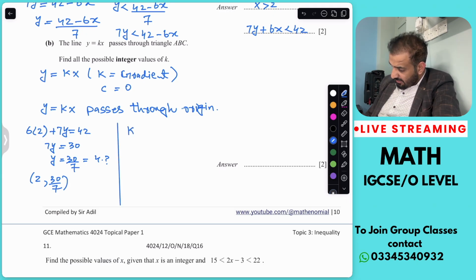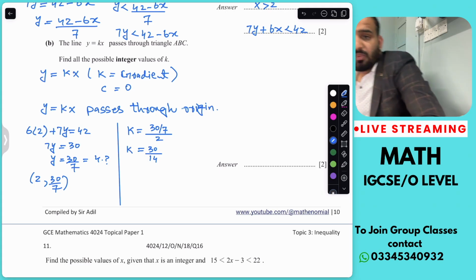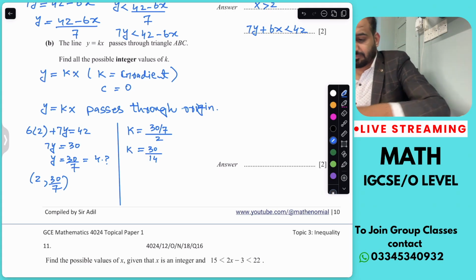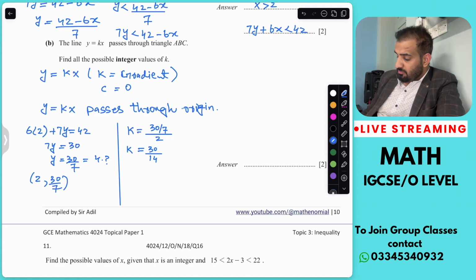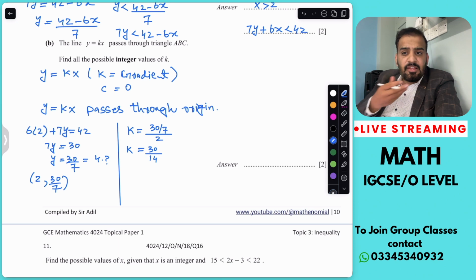So k is rise, which is 30 over 7 divided by 2, which is run. So that is 30 over 14, which is 2 point something. So my maximum gradient is 30 over 14.